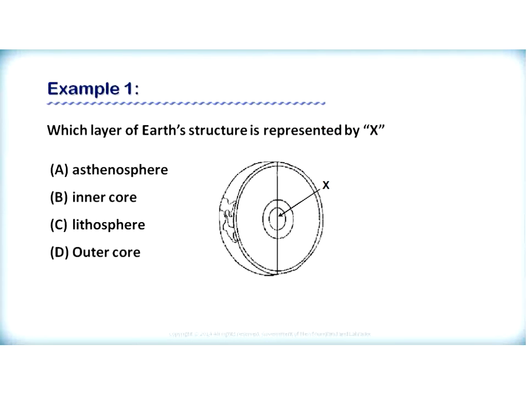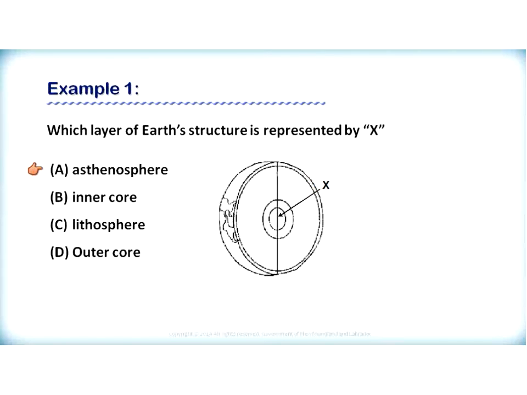Let's take a look at some sample public exam questions. Example number 1. Which layer of Earth's structure is represented by X? Referring to the diagram of the Earth, X points to the innermost layer of Earth.